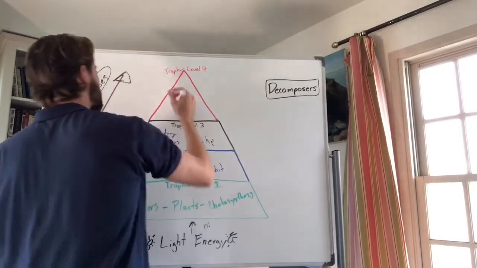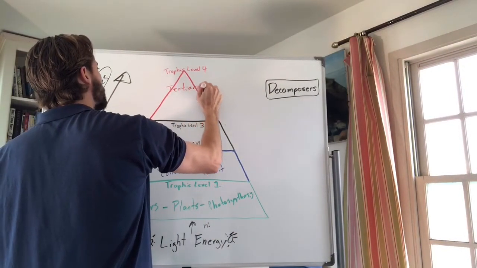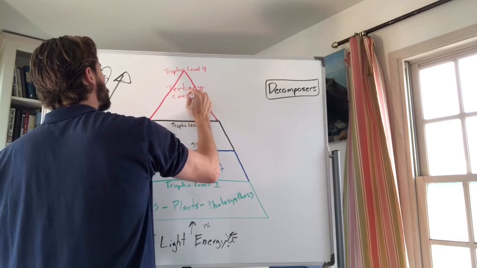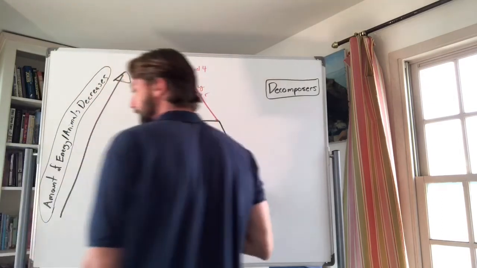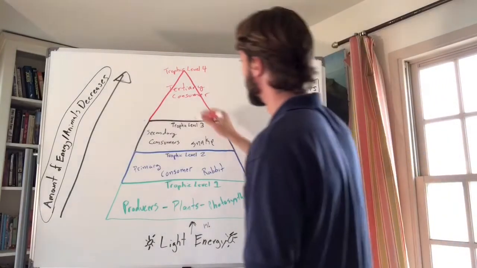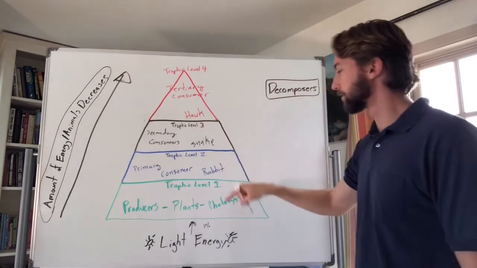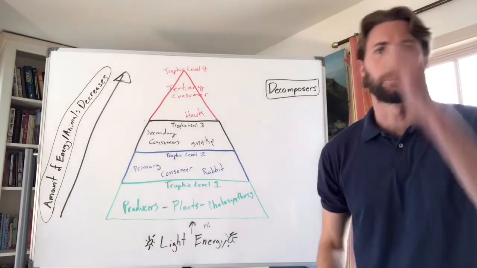Maybe at the top of this food web, our apex predator, our top predator today, we've got a hawk. Hawk eats the snake, snake eats the rabbit, rabbit eats some grass or some plants.